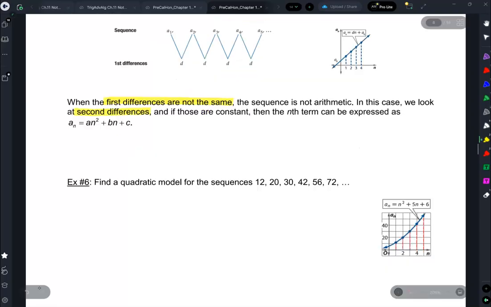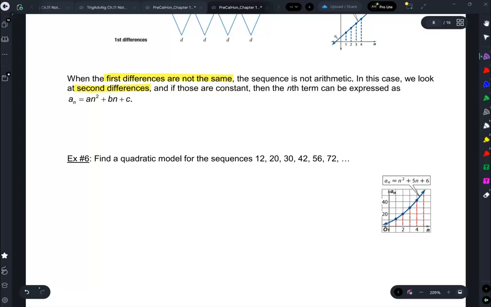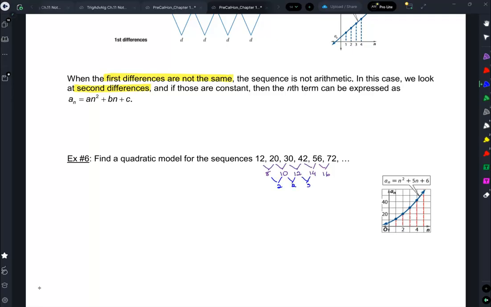So now let's take a look at this for a minute. Look at this. The first difference here is 8. Here, 10. Okay, so this is not arithmetic. If it was arithmetic, it would have been 8, 8, 8, 8, 8. This one is 12, 14, 16. However, if I do the second differences, what do I get? 2, 2, 2, 2.